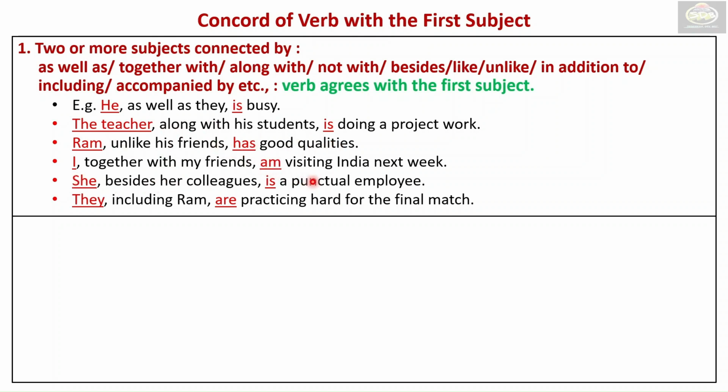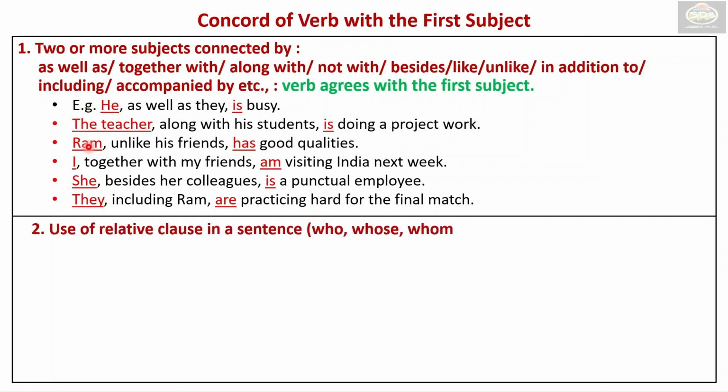I am visiting India next week together with my friends. She is a punctual employee besides her colleagues. She is a punctual employee. They are practicing hard for the final match, including Ram. If the two nouns are connected by these type of words, in such situation, the verb agrees with the first subject.